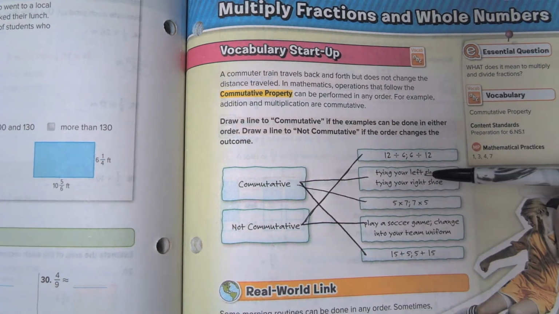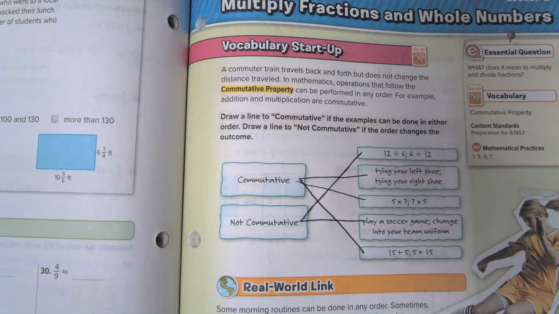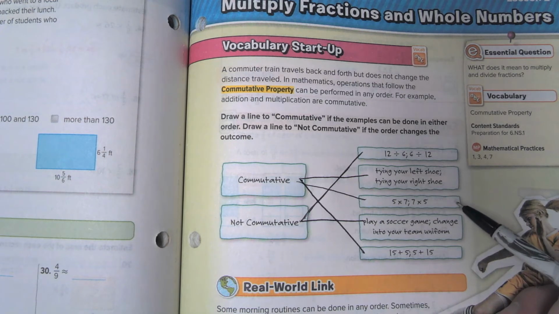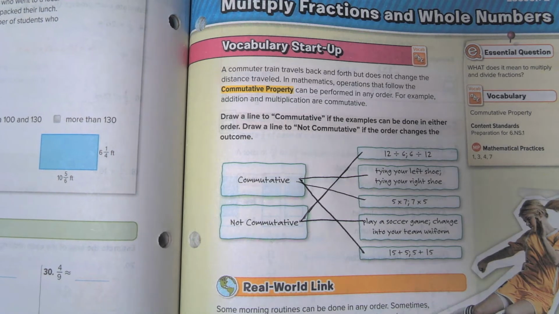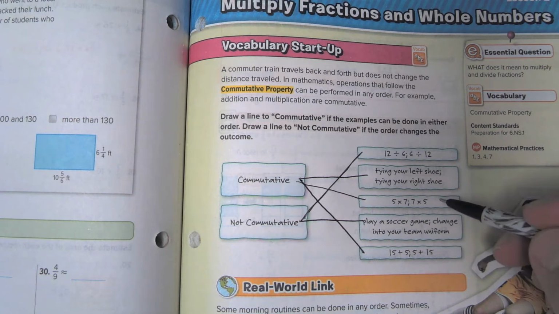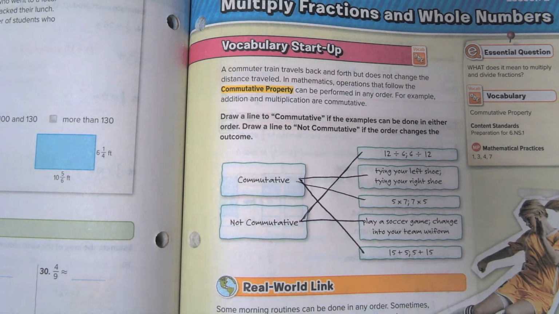Commutative means you can perform it in any order and you still get the same outcome. Like with the shoes, you tie your left shoe and then your right shoe, and your shoes are still tied. It didn't matter the order. That's just like multiplication and addition. It doesn't matter which way you multiply or which way you add, you're still going to get the same answer.